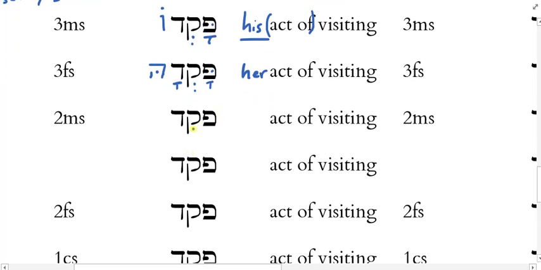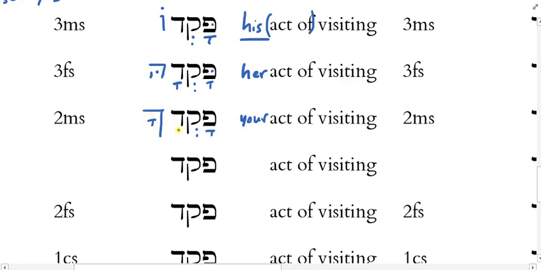Now, for the 2MS pronoun, to say your act of visiting, where I'm talking to a man or referring to a man, I'm going to add ka. You remember that pronoun, ka? So I could take my pokd form. But now notice here that ka is a consonantal ending.